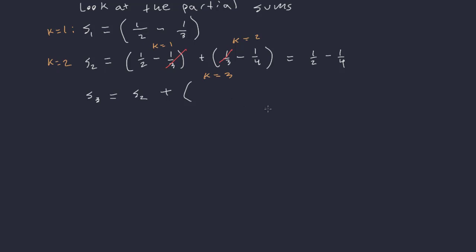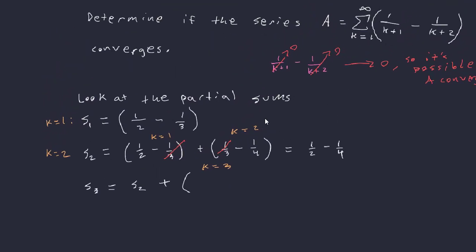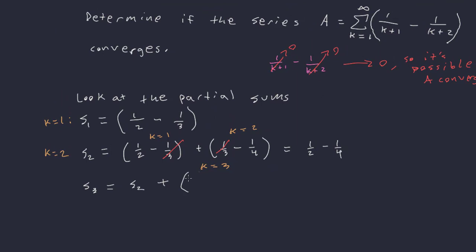So when k is equal to 3, let's bring back our formula again. When k is equal to 3, I'll get 1 over 4 minus 1 over 5. Well, S2 was this 1/2 minus 1/4, and then we'll add a fourth and subtract a fifth. So the fourths cancel. So we get down to 1/2 minus a fifth.